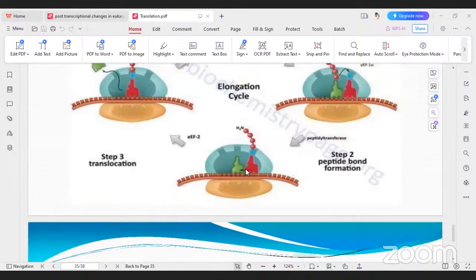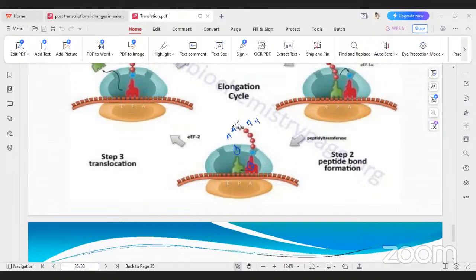How does peptide bond formation happen? If you see this arrow mark here, this is the first tRNA, this is the second tRNA. The bond forms between the first tRNA amino acid and the second amino acid.